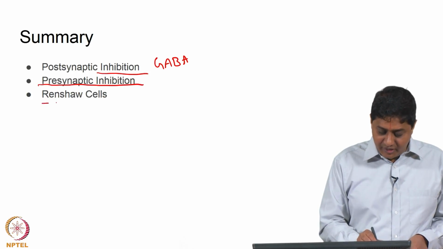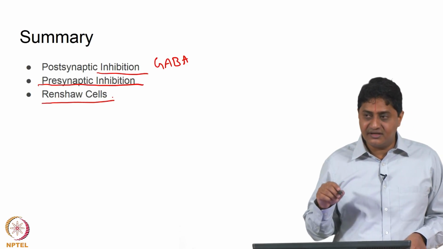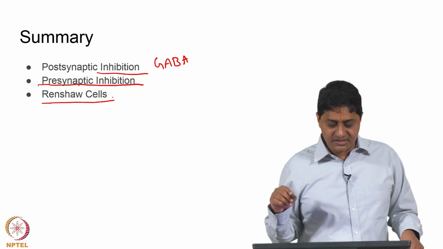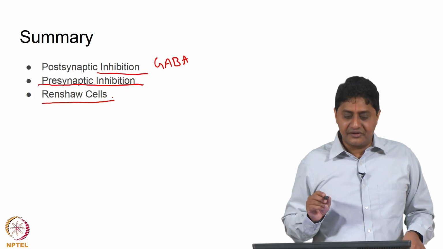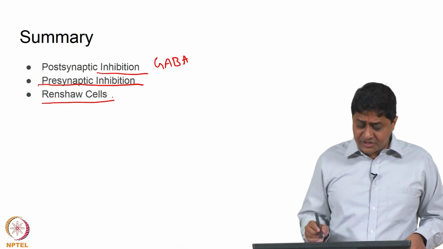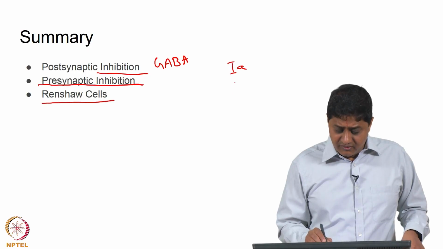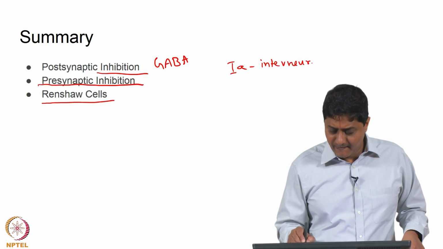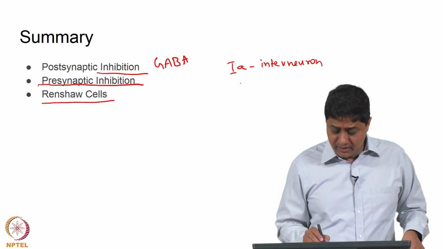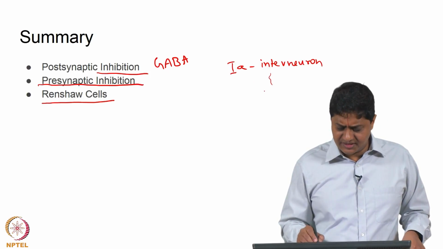And then there is one particular case of inhibitory interneurons called Renshaw cells that inhibit the motor neurons that activated them. This is also called recurrent inhibition. In future classes we will be seeing other cases such as the 1A interneuron, what its function is, and other inhibitory interneurons.